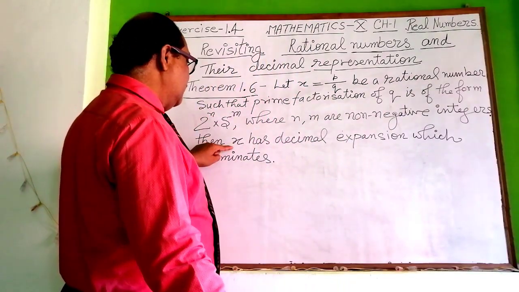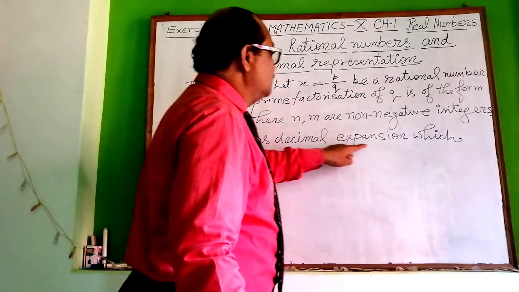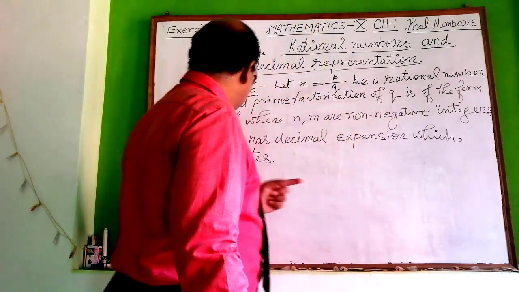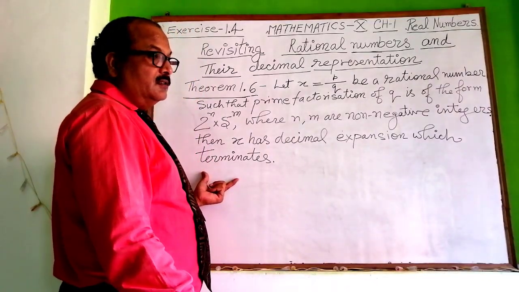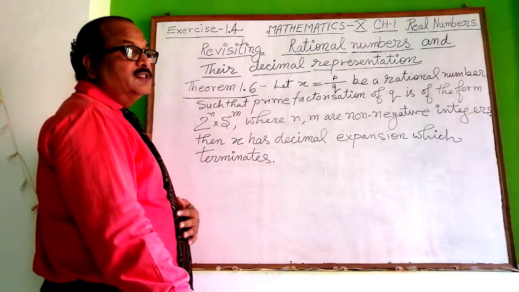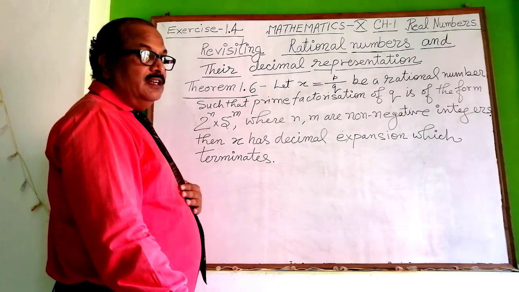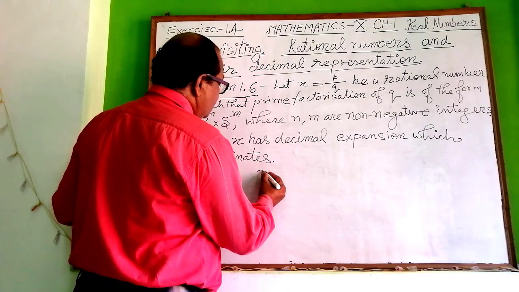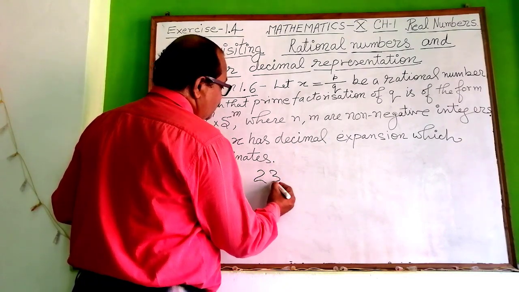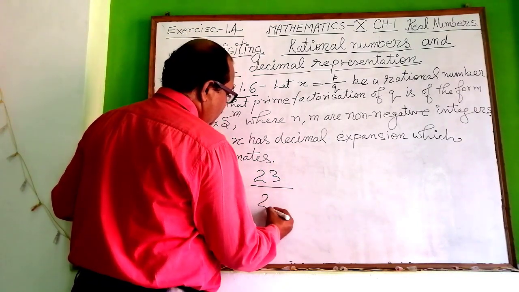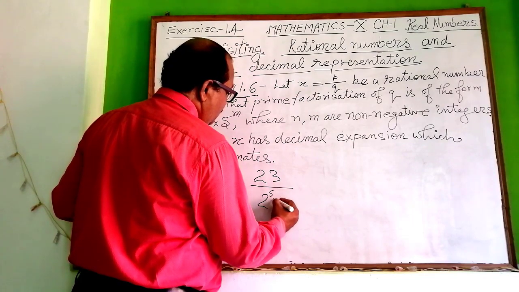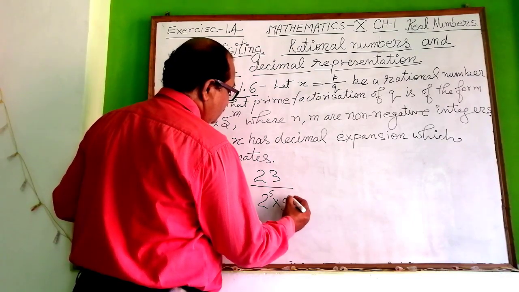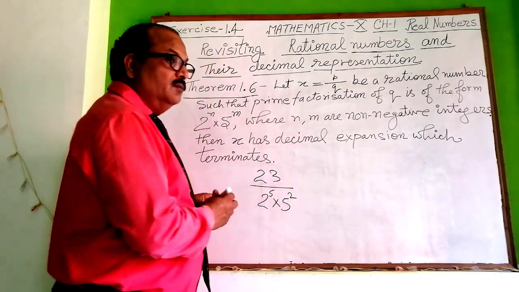Then what will happen? x has a decimal expression which terminates. Now I would like to explain it by taking a very small example. Suppose the number written here is 23 upon 2 raised to the power 5 into 5 raised to the power 2.